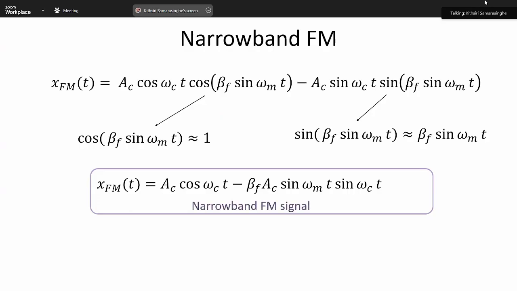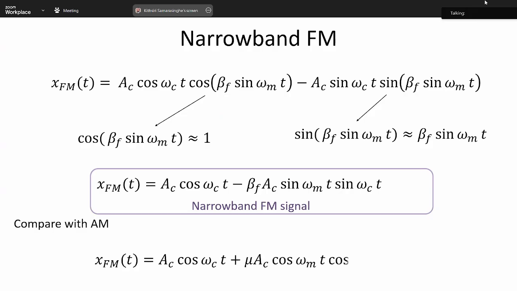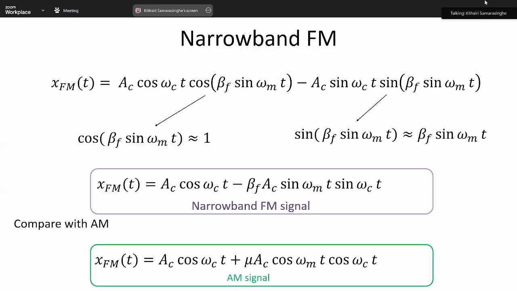Then from that, we can draw a comparison with the AM signal. Let me write the two signals now. This is AM. I'm sorry, I made a mistake.